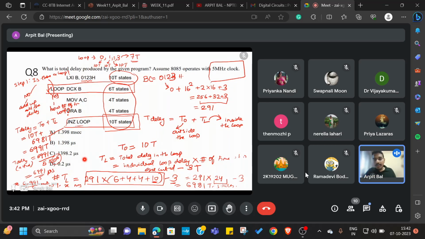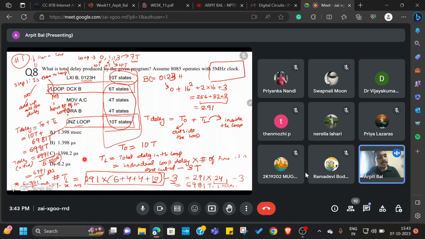In this type of question, the first thing that you should identify is if there is a loop, because what I have noticed is that so many people, if you don't notice the loop, will probably say it is the addition of all this, and that is going to be wrong. So that is the number one thing that you should observe: if there is a loop.